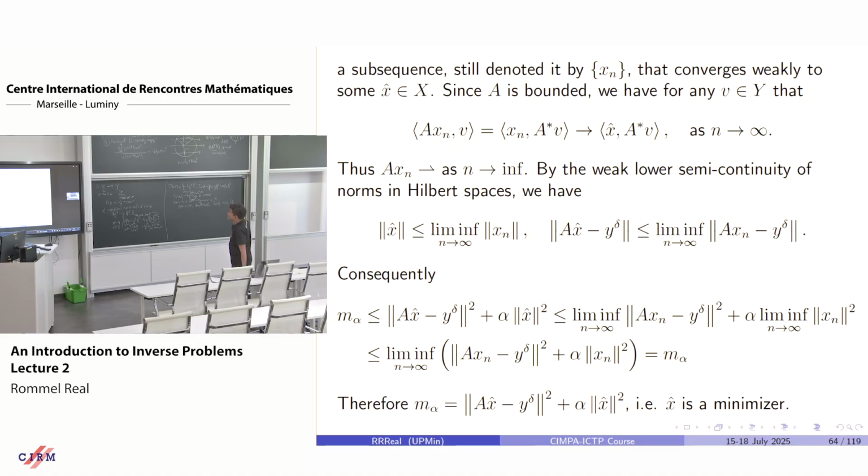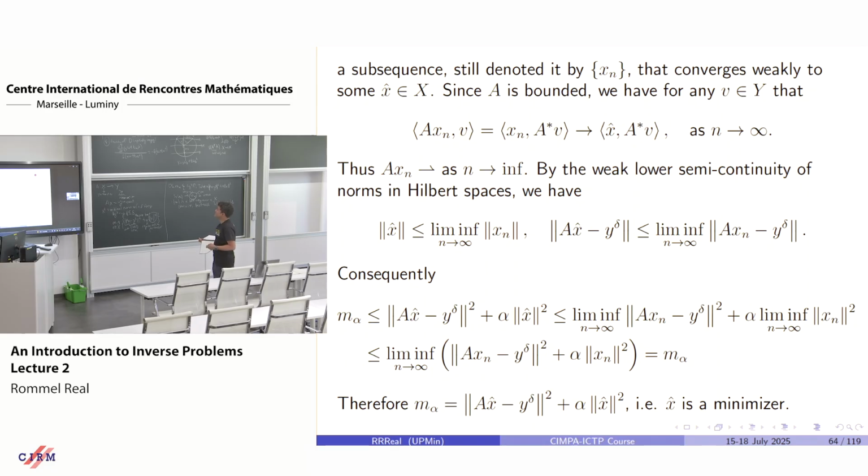Okay, now first, because it's bounded, then earlier we showed that x sub n must have a convergent subsequence, and by abuse of notation, let's just denote that convergent subsequence by x sub n.